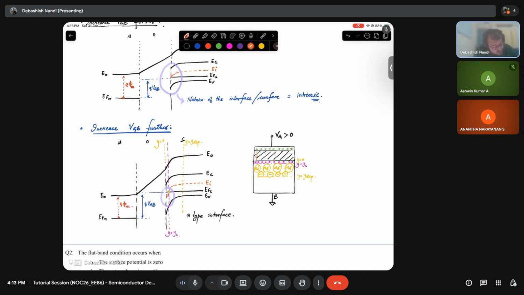Some field lines will terminate at the electrons and some will penetrate throughout till y depth, right? So this is my depletion region and this is where my electrons are lying. Fine. Is that clear?